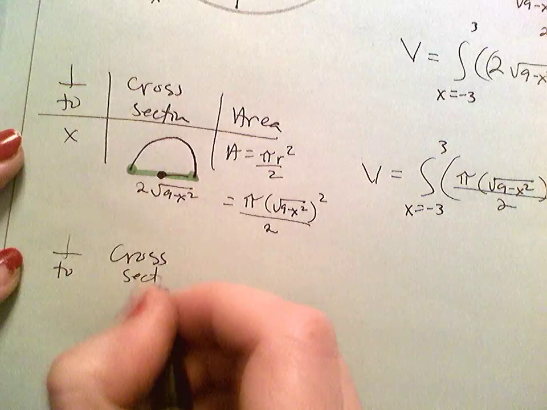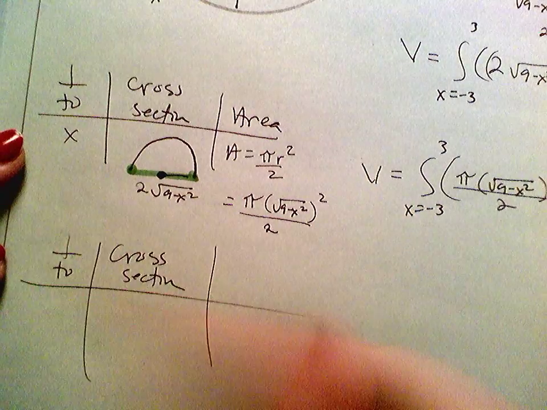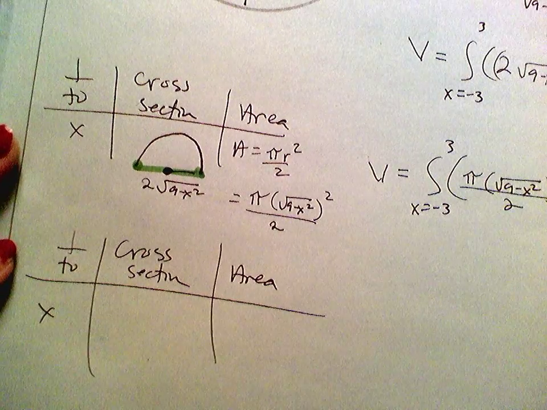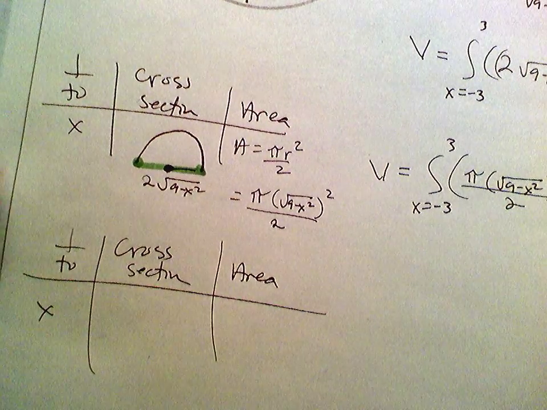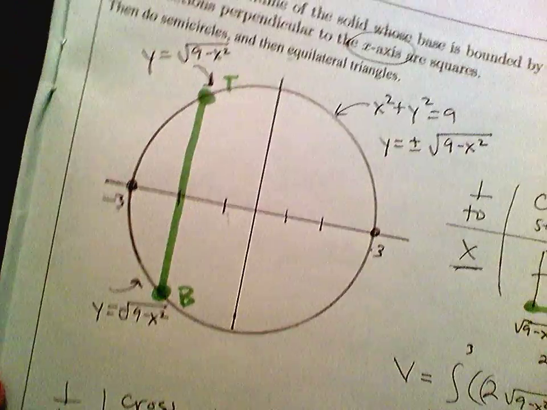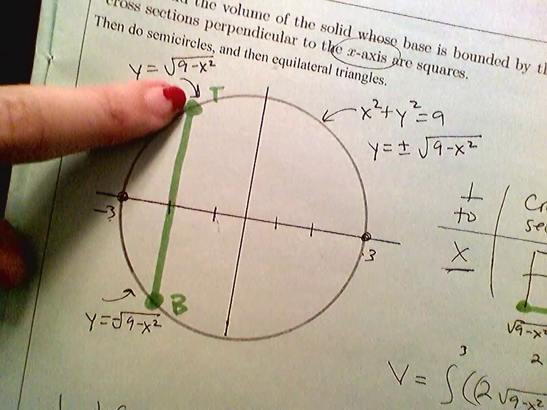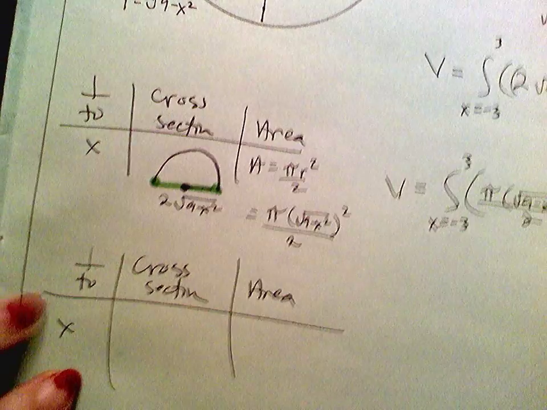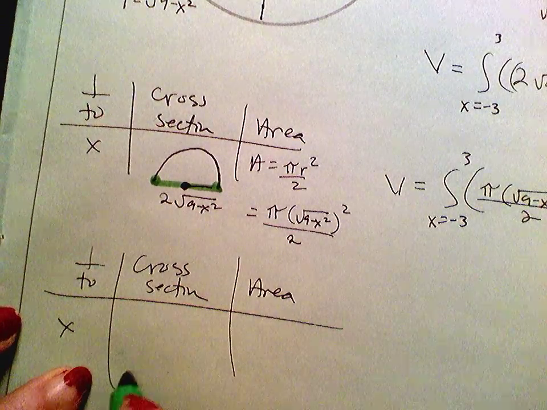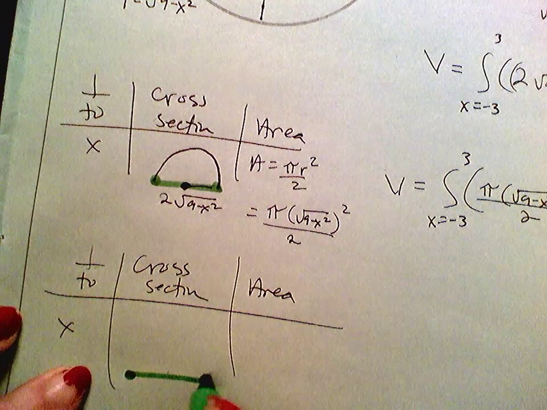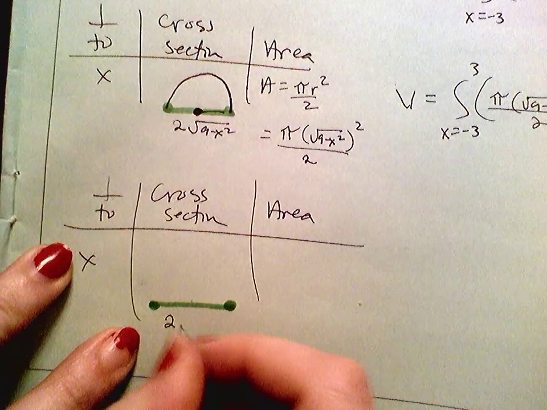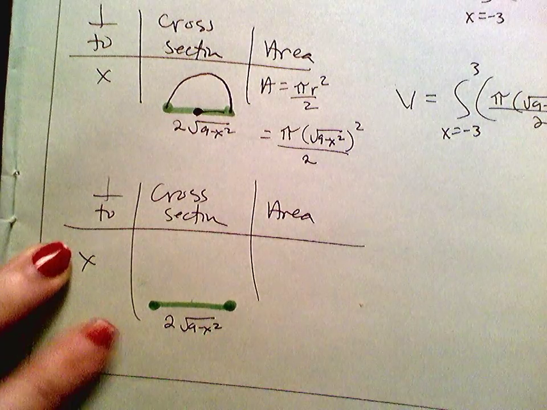Cross section area. We're using that same green line as the base of the equilateral triangle, and it's still 2 radical 9 minus x squared.